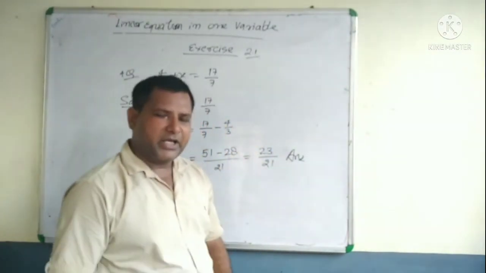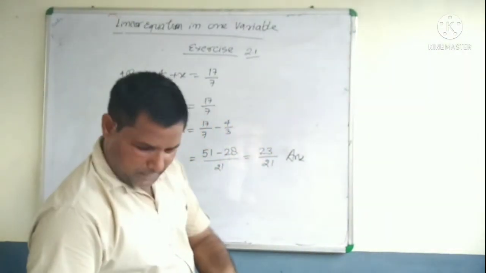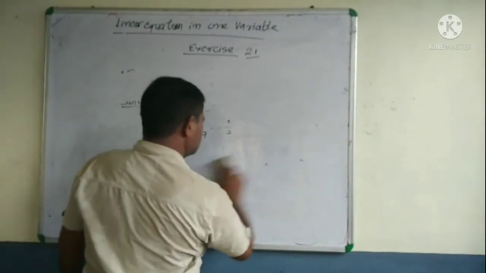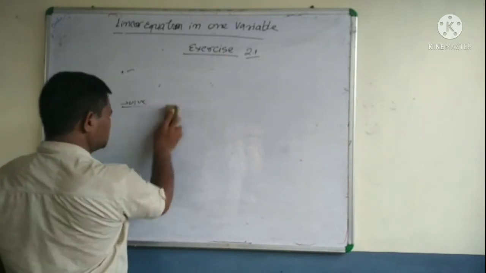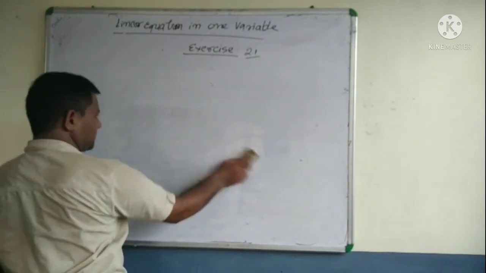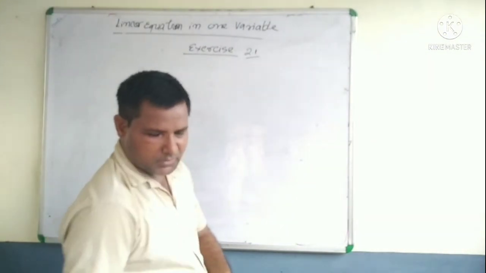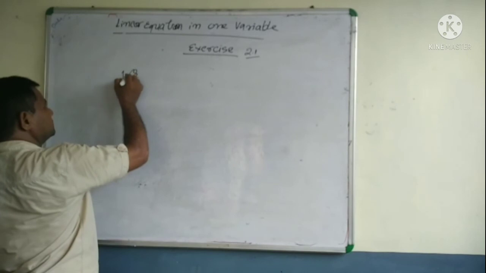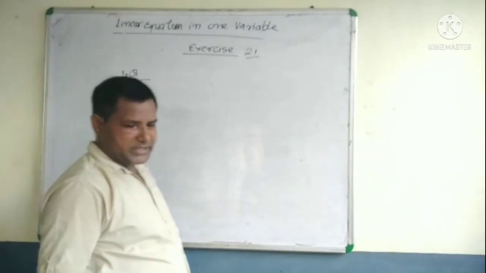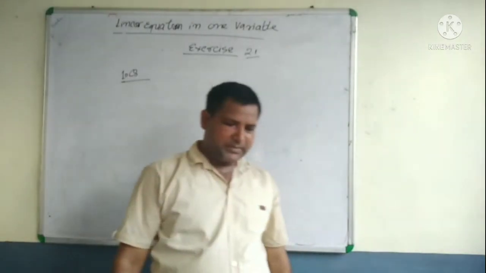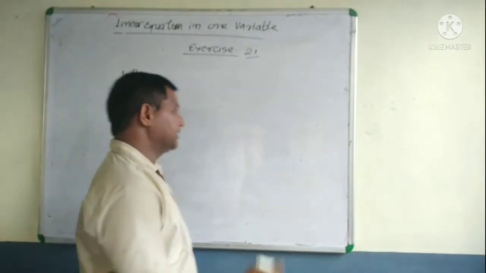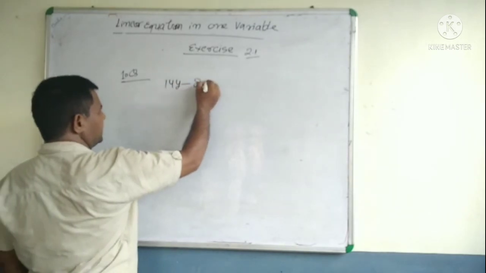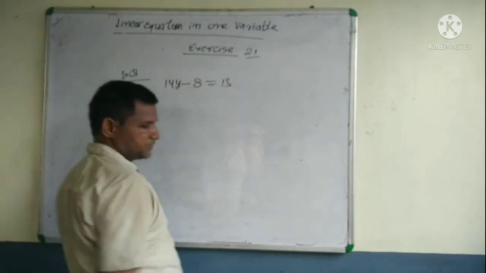Now I take question number 10. The question is given: 14y minus 8 equal to 13.